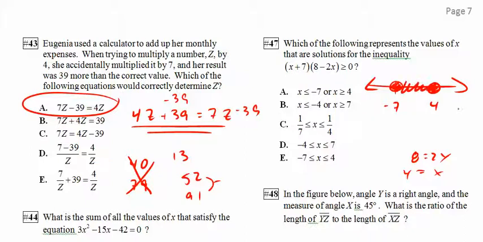Yes, it works. Always check. Check 10. We have a really negative number, so no. And negative 10. We have a negative times a positive, so it'll be negative, so no. So it's between negative 7 and 4, which looks like this.